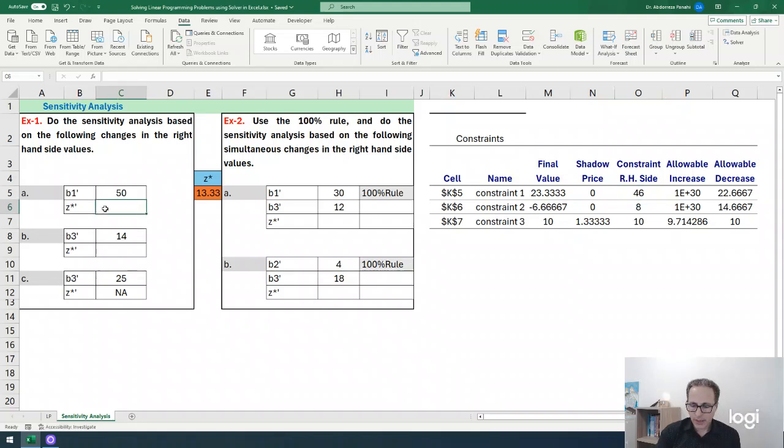Now it's going to be equal to the old Z star, which is written here. This is given in the question. The old one, plus, since it is an increase, or even I can write inside the parentheses, this one minus the original one, which is here.